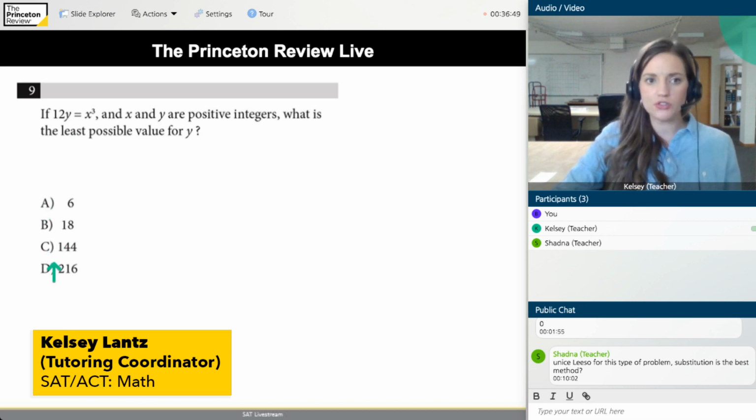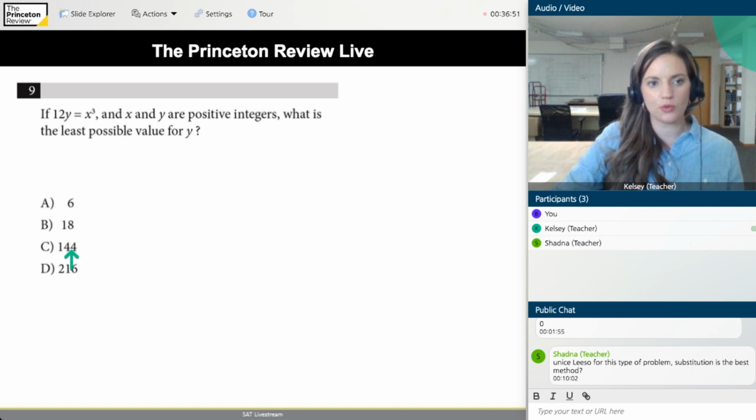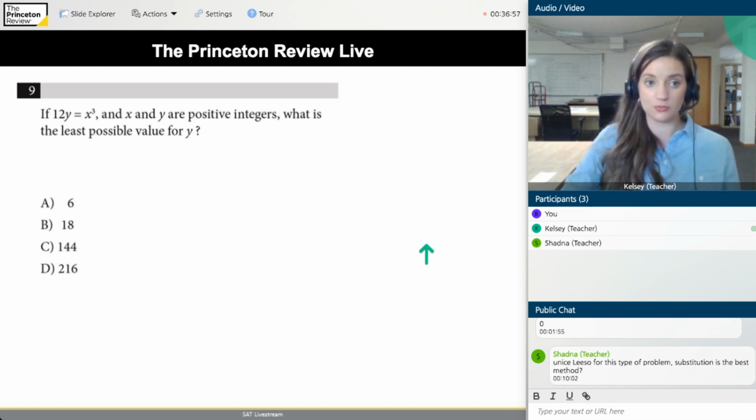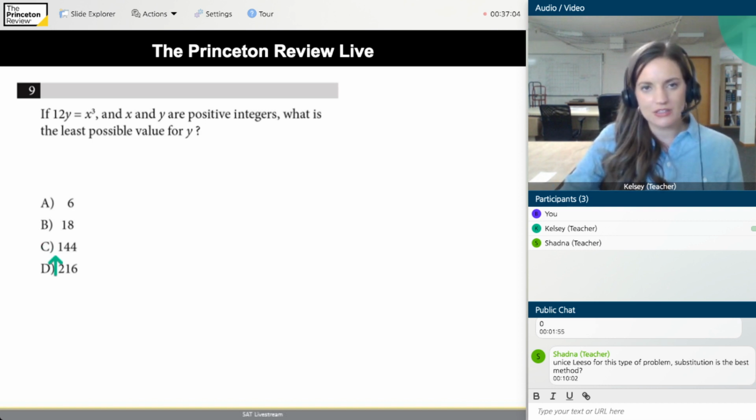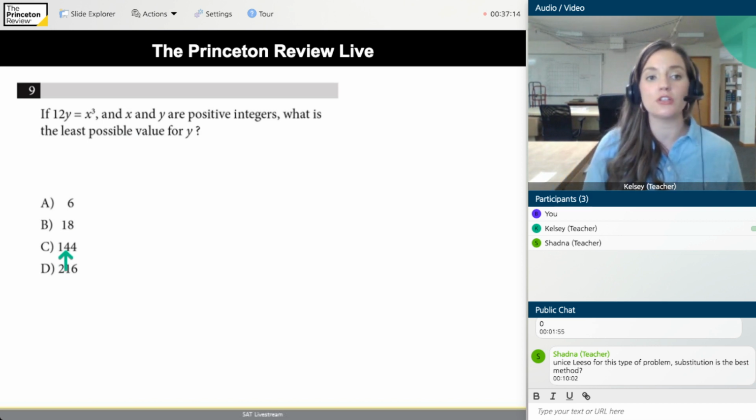And so if we start with c, if we start with y is 144 and we work it all the way out and it works, and we pat ourselves on the back because we did the problem right and we got one that works, and we select c, we might still miss this question because it's asking for the least possible. So just because C is possible, just because 144 works, doesn't mean necessarily that that's the lowest possible number that's going to work for this equation.